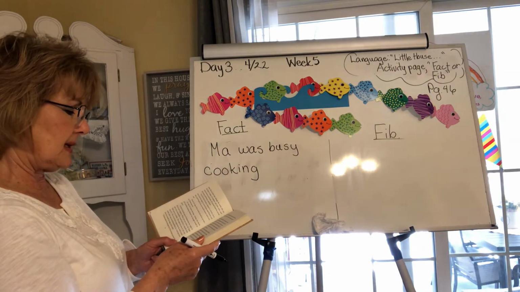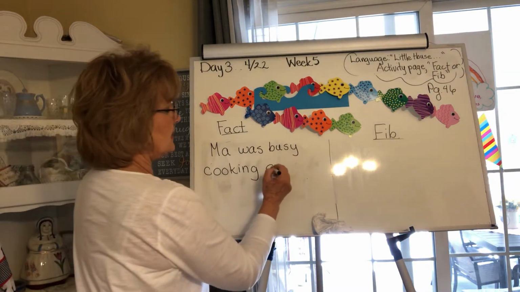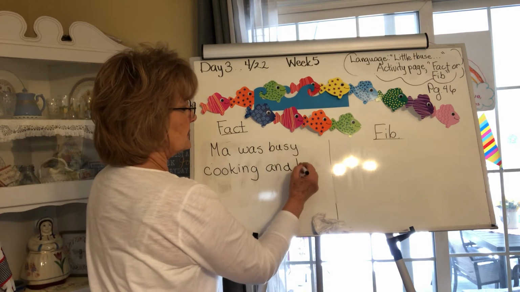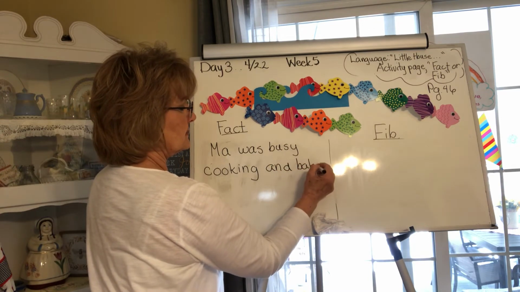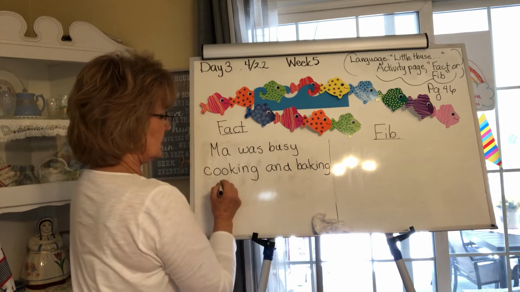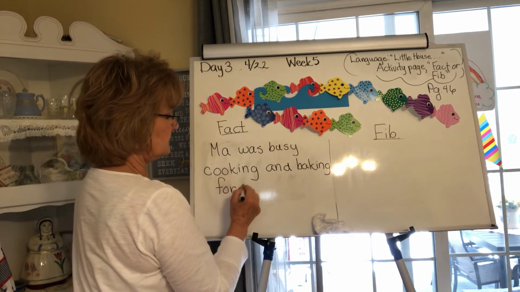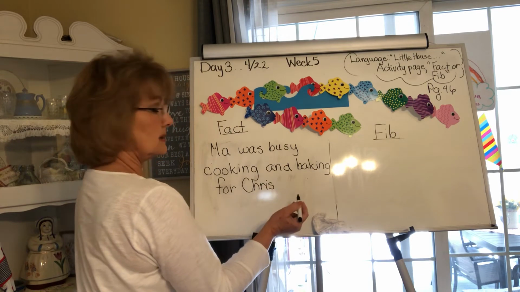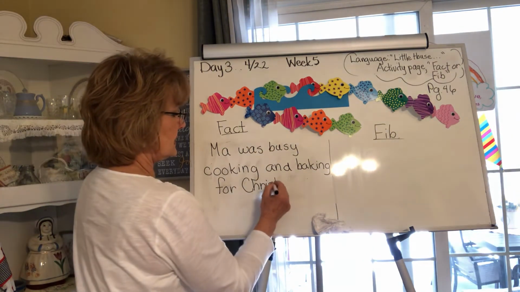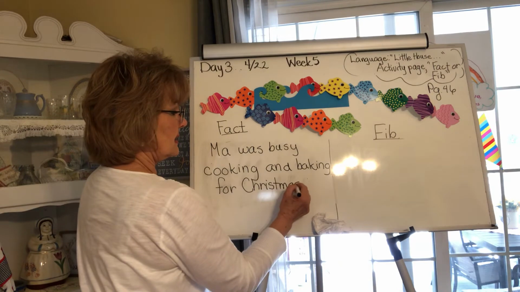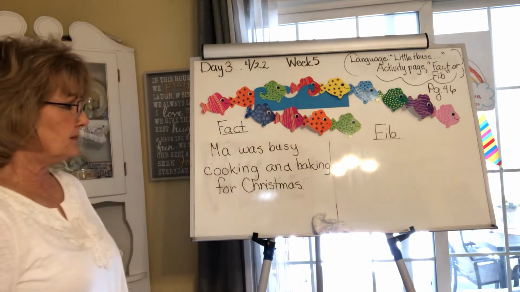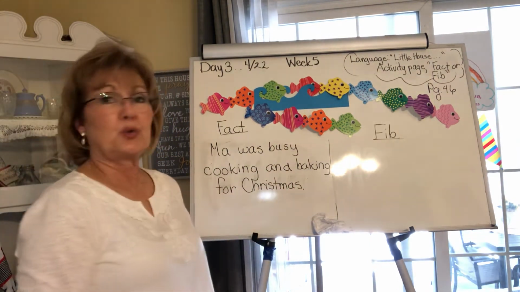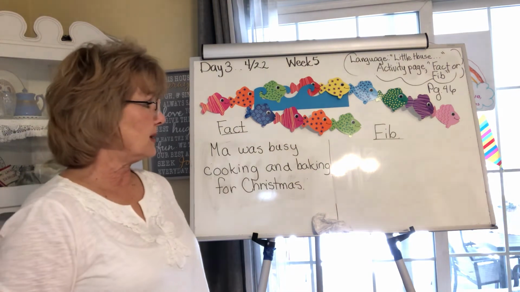She was baking, cooking and baking. For Christmas. Remember, they couldn't run down to the grocery store, kind of like us. They couldn't just go to Walmart. They couldn't order a cake from anywhere.